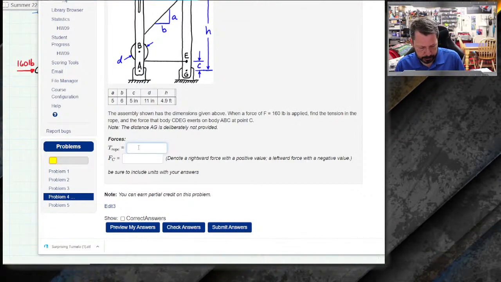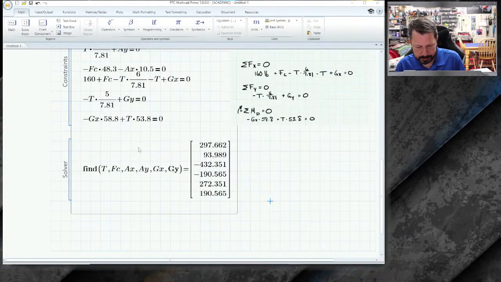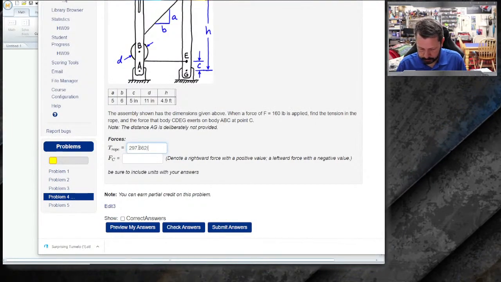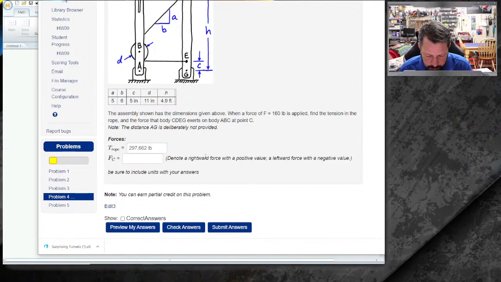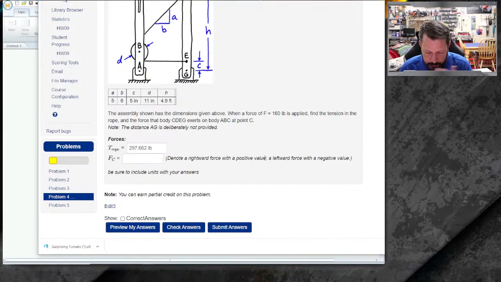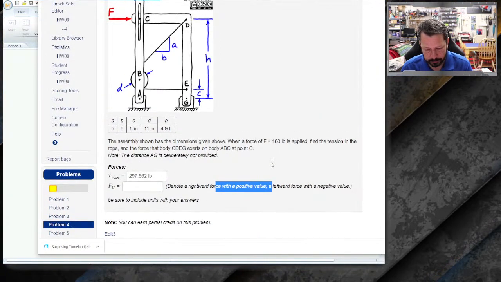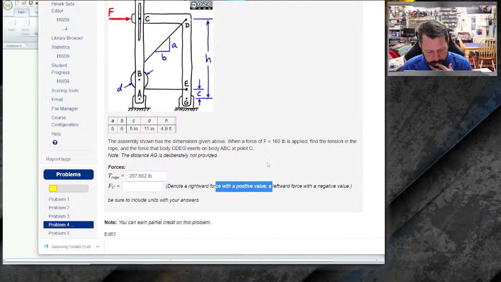So this one was 297, where'd it go? 297.662 pounds. And, oh, okay, denote a rightward force with a positive value. Well, that's fine, except do they mean the force on member ABC or the force on member CDEG? I don't know.